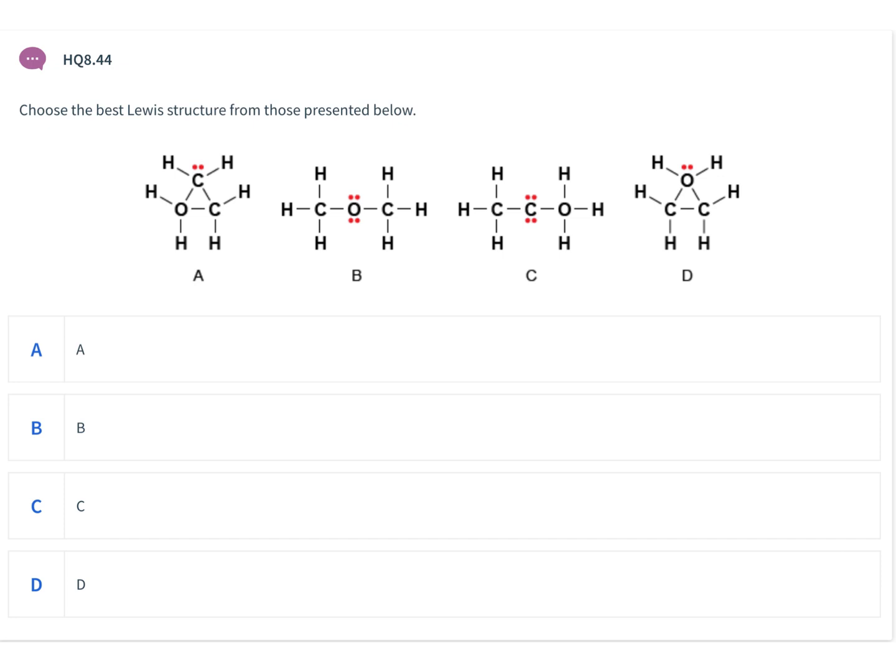And so if I start with the epoxide on the left and I take a look, I've got two things going on here that I need to take a look at. The first, oxygen, right? Oxygen is group 6, and I want to assign the formal charge to help me figure out, is this the correct structure or not, or is this the best structure or not?